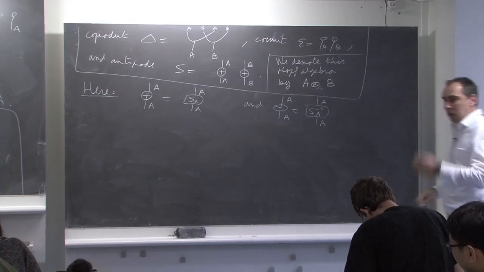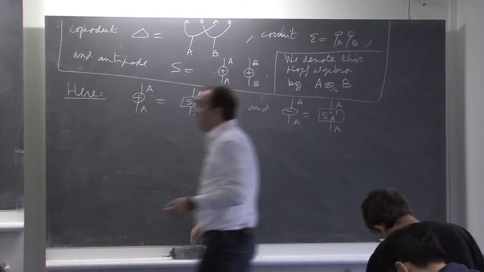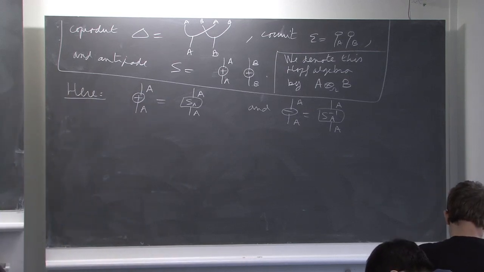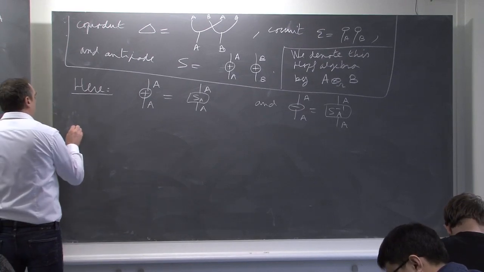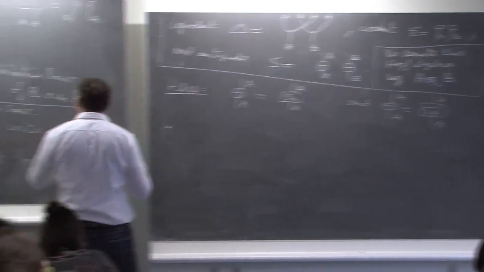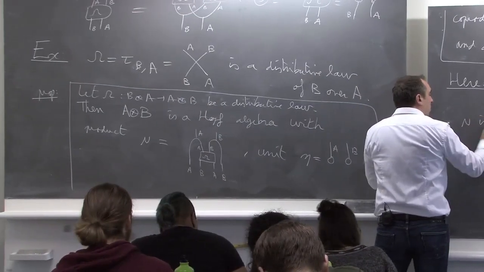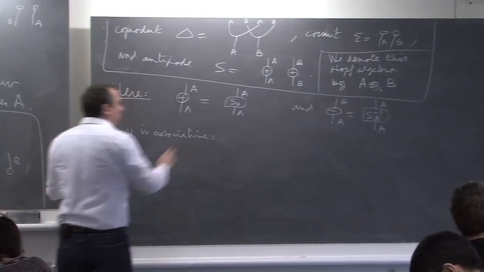Okay, let us quickly check this property. We first prove that mu is associative. So what does it mean?